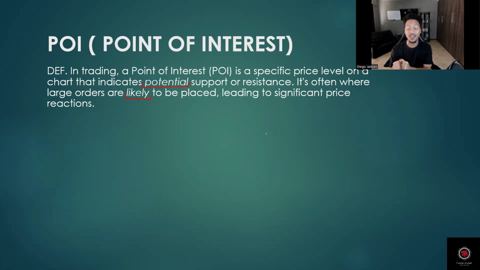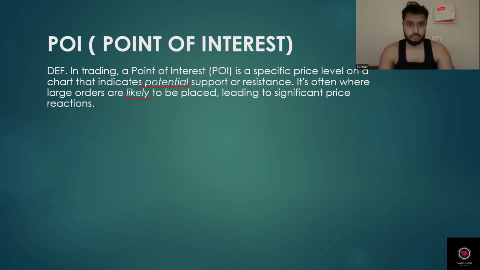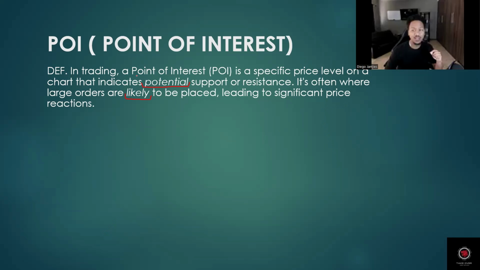But there are certain things we can look out for within those areas, so that there is a possibility of having somewhat of a reaction from a specific area, right? But most importantly, it is a specific area within the market where we can potentially have that bounce to the upside or towards the downside, right?